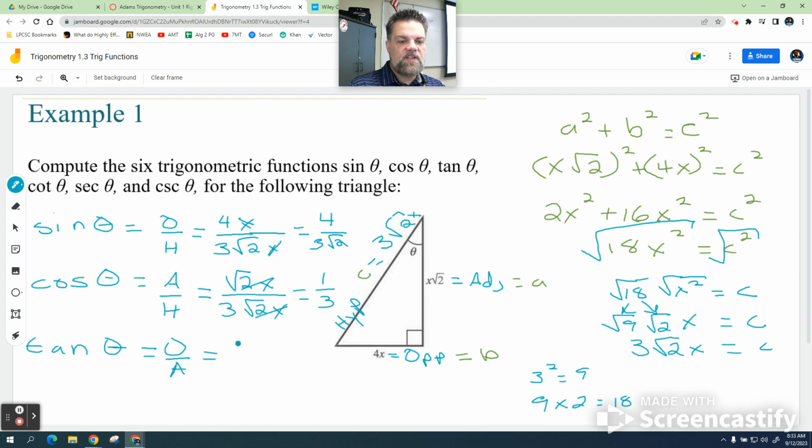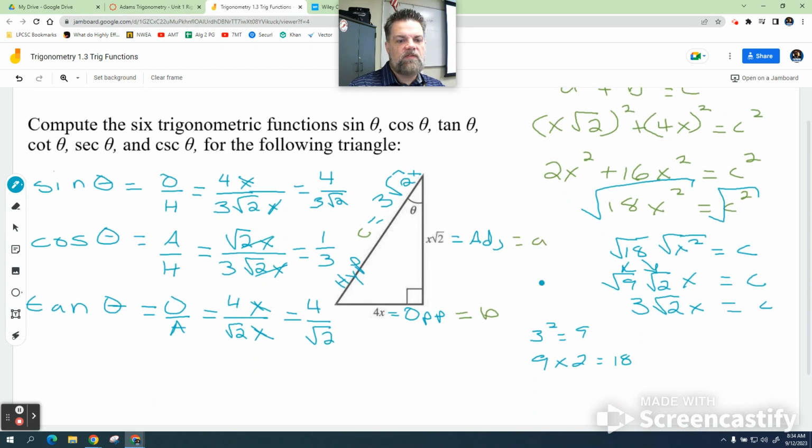And so the opposite would be 4x all over the adjacent, which is the square root of 2x. The x's cancel, and I just get 4 over the square root of 2. Again, normally we would rationalize this denominator. Mr. Adams is just going to skip that for now because I just want you to figure out how to plug stuff in. Okay.